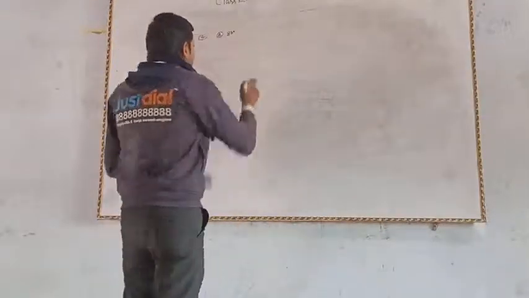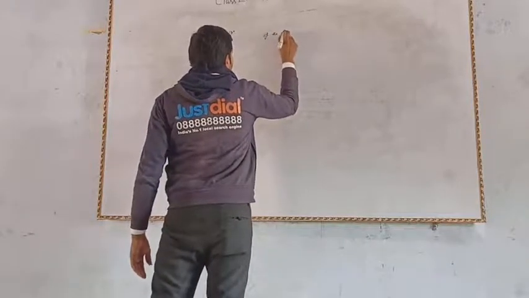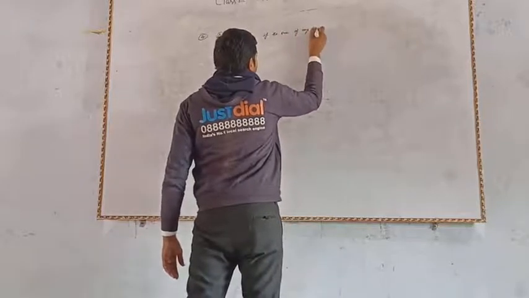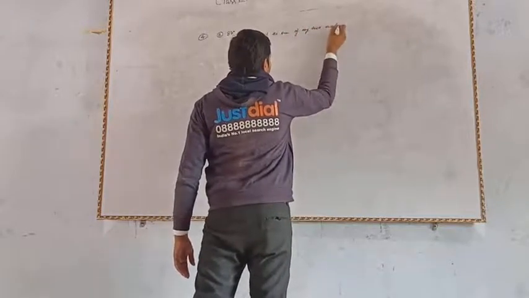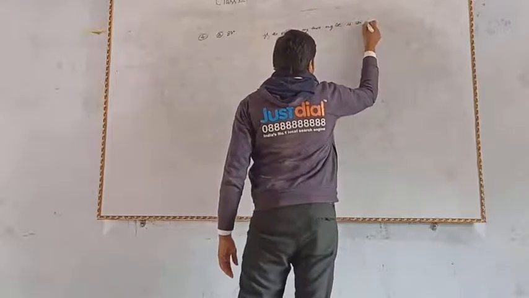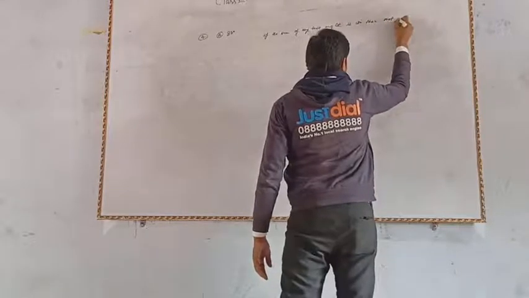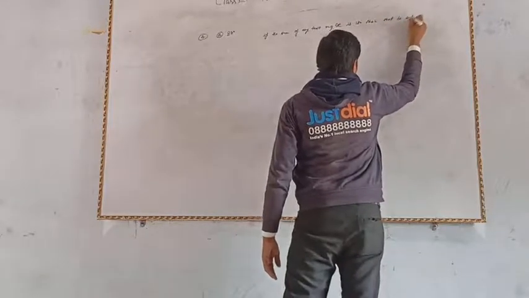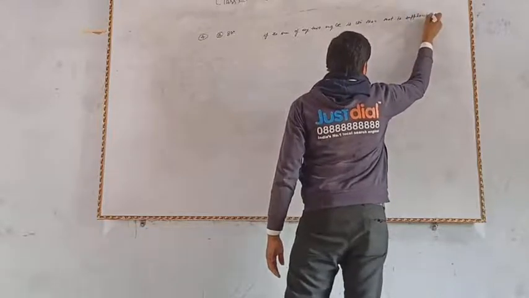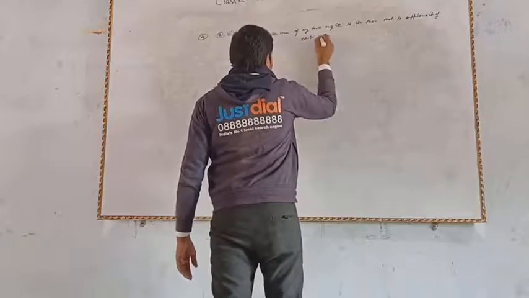Now we know that if the sum of any two angles is 180 degrees, then they are supplements of each other.